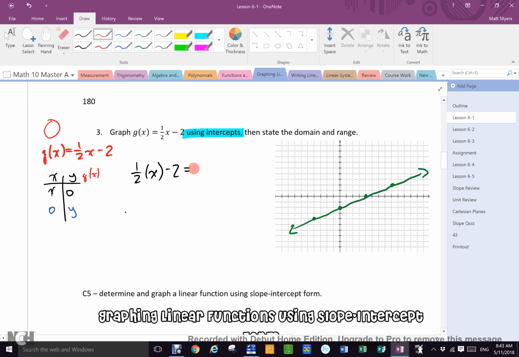So 1/2 x minus 2 equals 0. Cool? Then I just solve it. This is just algebra. Right? I add 2 to both sides. 1/2 x equals 2. How do I get rid of divide by 2? I multiply by 2. They cancel. 1x, x equals 2 times 2 is 4. Are you cool to there?